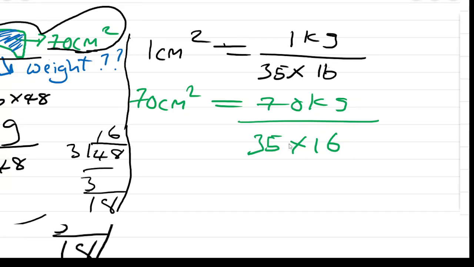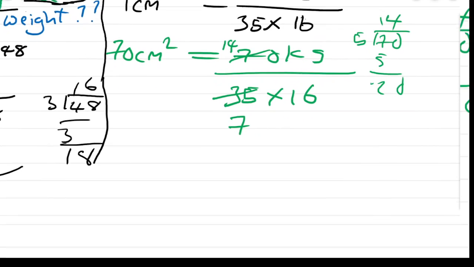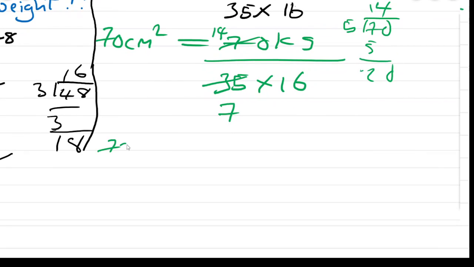And you see why I don't usually cancel early, because here we can see that 5 into 70 is 14. So let's not cancel too much. 70 centimeters squared will be 14 kilogram all over 7 times 16.